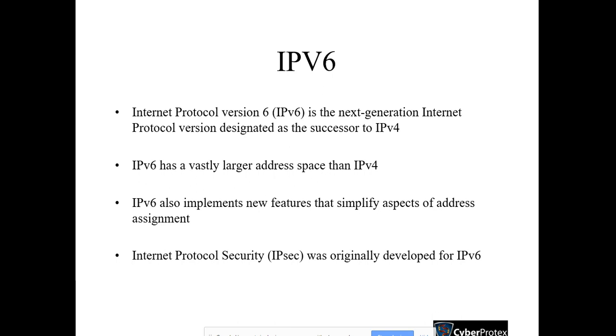It will provide 2 to the 128th power addresses. So immediately you see that if we're going to run out of IP version 4 addresses, hey, wait a second, we got this thing sitting in the wings that is essentially 4 times as large, to the power of 4 times as large as the old one.